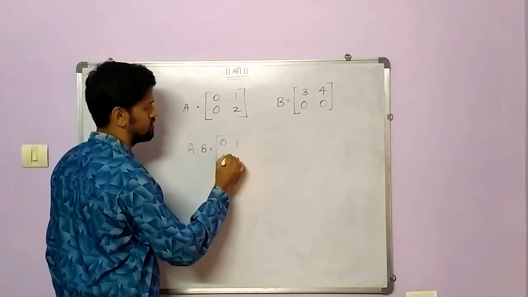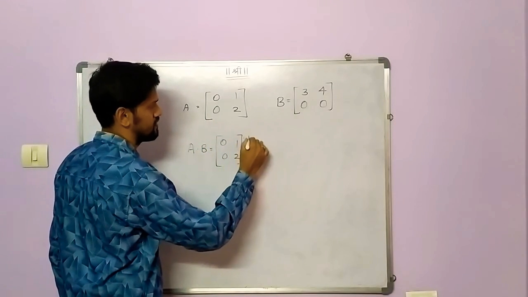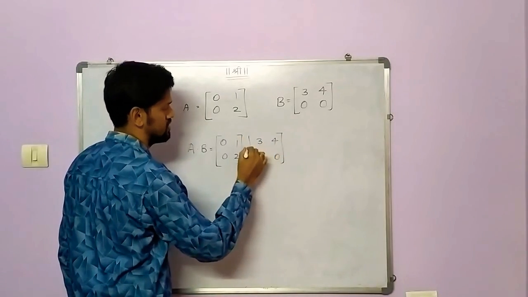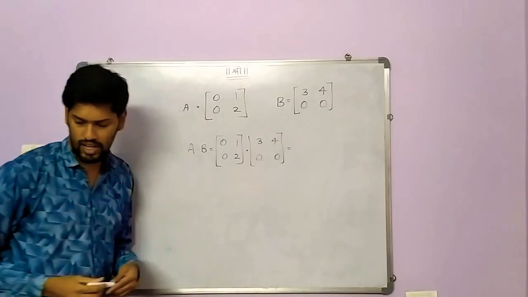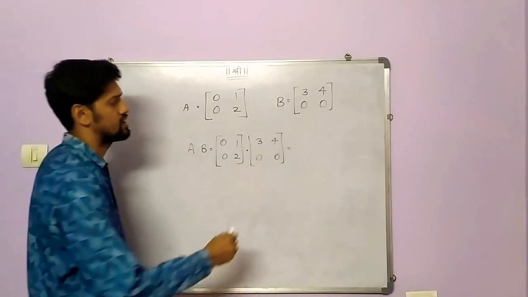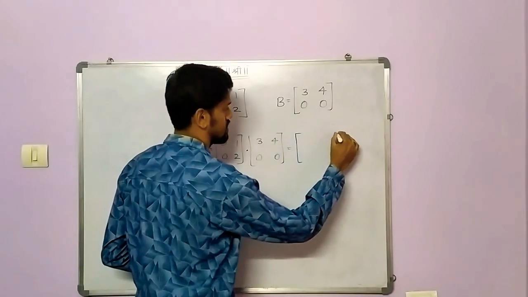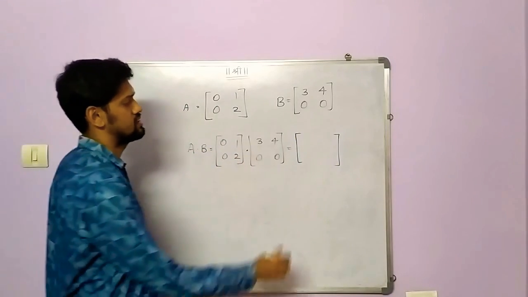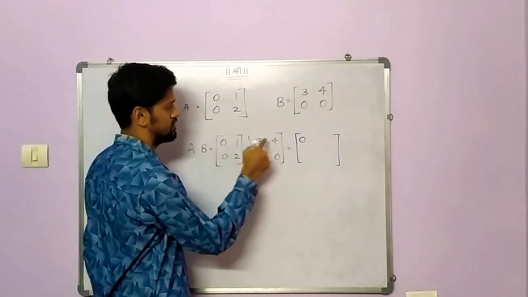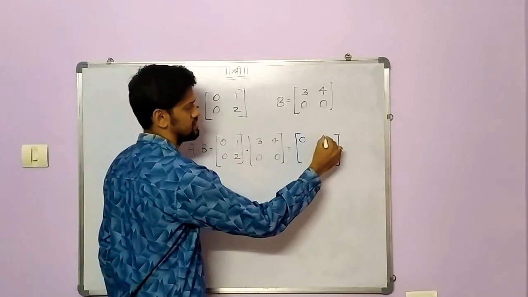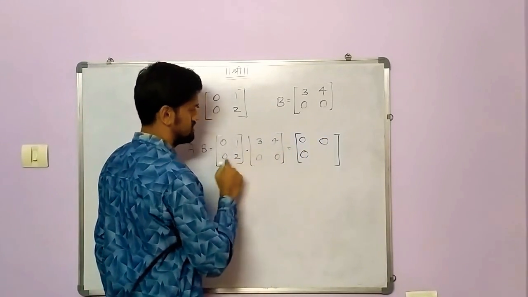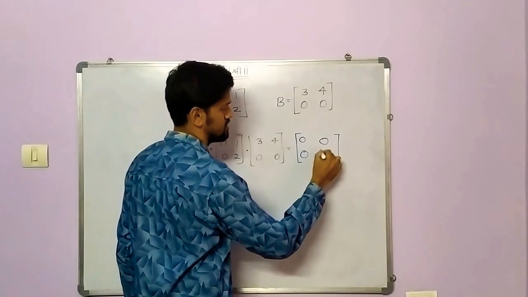I will calculate what is A into B. So this will be 0, 1, 0, 2, 3, 4, 0, 0. When I multiply these two matrices, the answer will be 0, 0 into 4, 1 into 0, 0 into 3, 2 into 0, 0 into 4, 2 into 0.